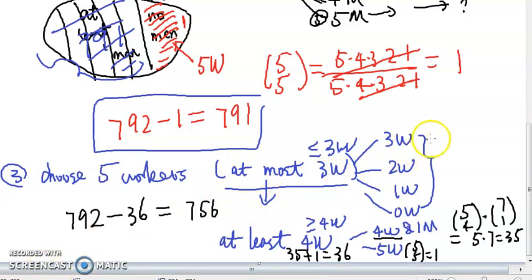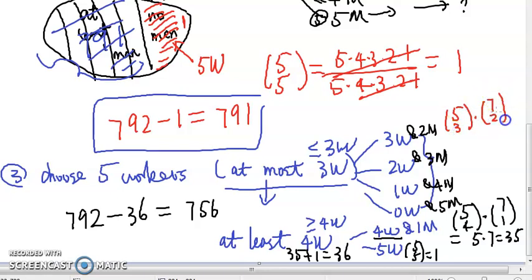If you want to do it the other way, then you have to do 4 cases. I can work out a little bit here. So if you choose 3 men, that means you need 2 women; 2 men, 3 women; 1 man, 4 women; and no man, which means 5 women. Then you have to work out how many ways to choose. For the first case we have 5 choose 3 times 7 choose 2, 7 men choose 2 men, and work this out.